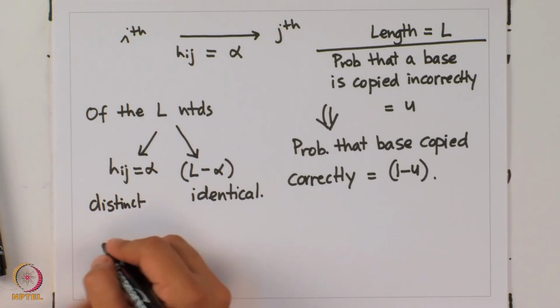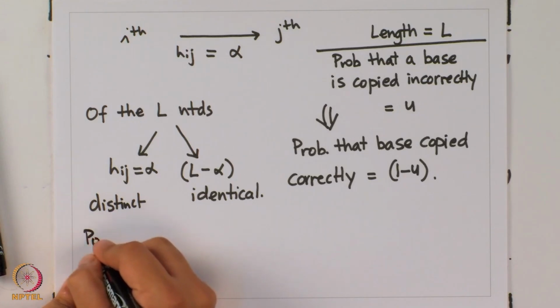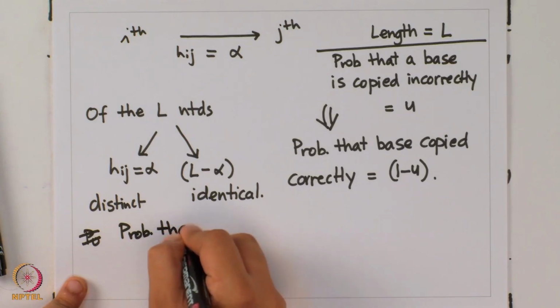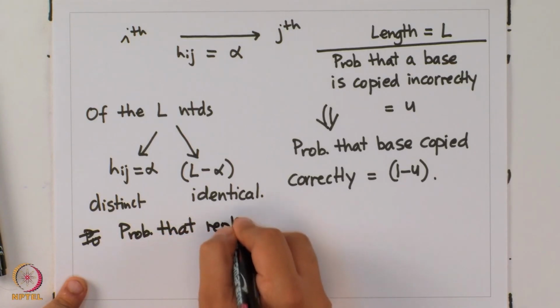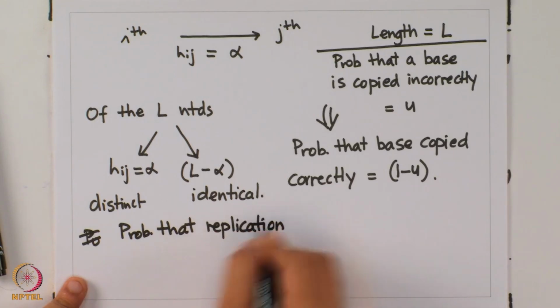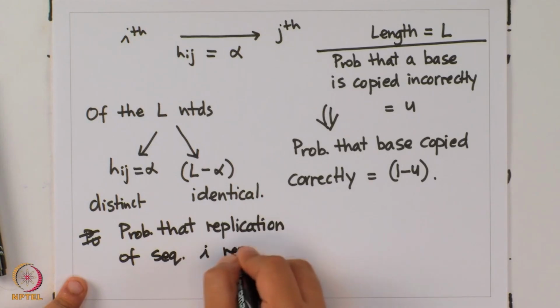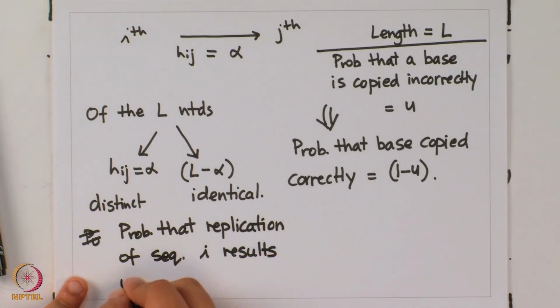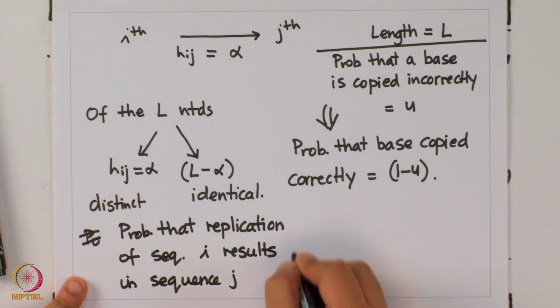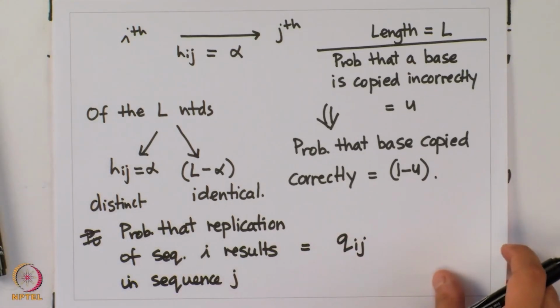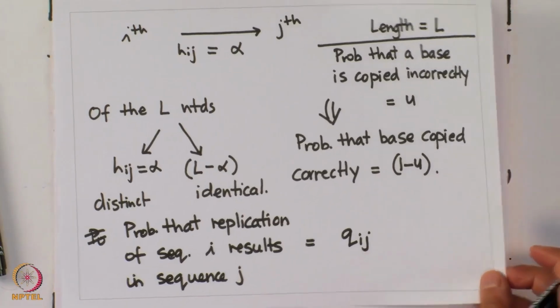Let us call this probability that replication of sequence I results in sequence j, Qij. So, we are going to try and estimate and develop an expression for this quantity Qij.